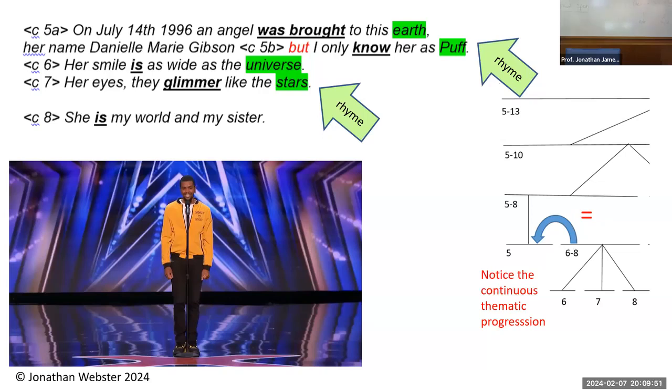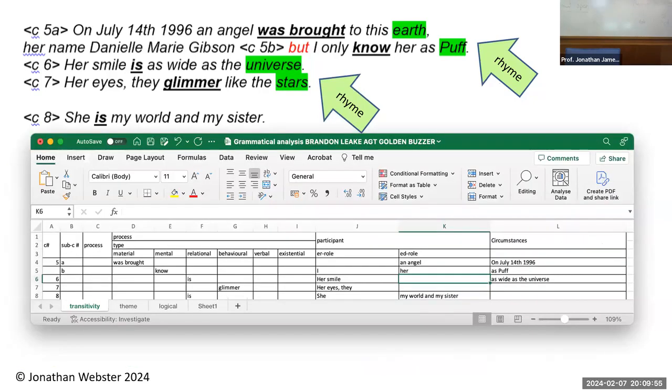All right, so let's take a look at our analysis. An angel. On July 14, 1996, an angel was brought to this earth. An angel was brought. What is that? That's passive voice. And so the angel, his sister, is in the ED role.